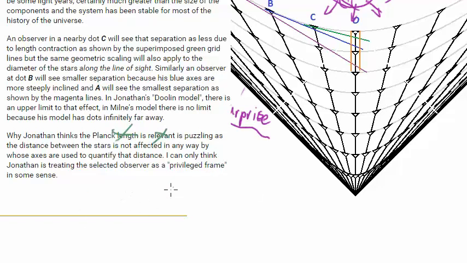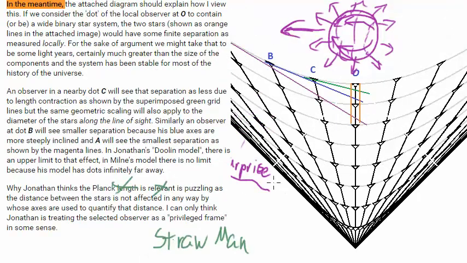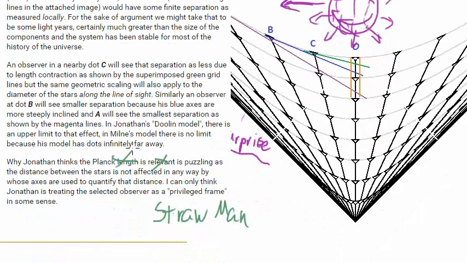Is puzzling, as the distance between the stars is not affected in any way by whose axes are used to quantify that distance, I can only think that Jonathan is treating the selected observer as a privileged frame in some sense. And again, since George is just creating a straw man, I don't see why I don't enjoy responding to him. What's interesting to me here is that instead of trying to clarify these things with me, he is addressing this to George.